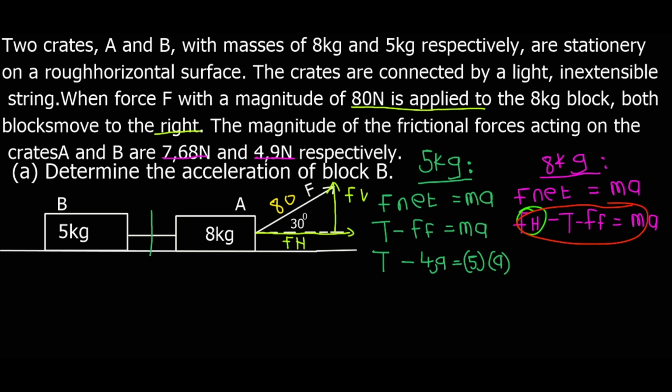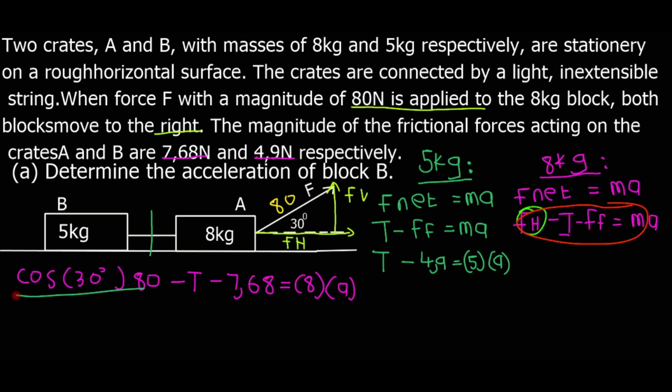For FH we have cos 30 degrees times 80 newtons, minus tension, minus friction. Friction is given as 7.68, equal to MA. The mass is 8, and we want the acceleration. From there we add these two.